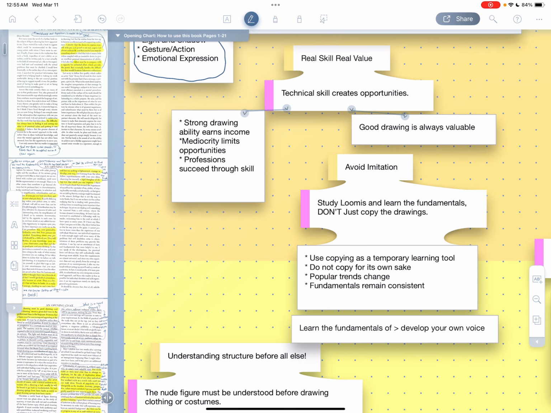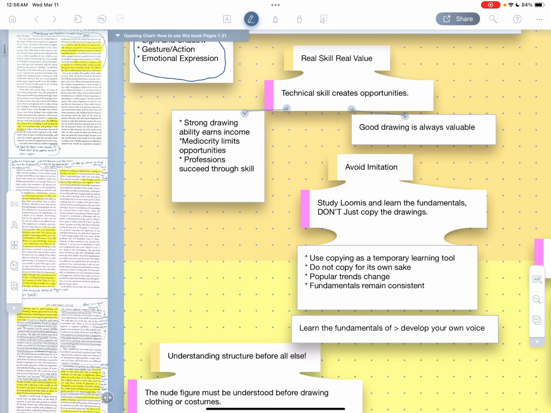All right. Real skill, real value. He goes on to talk about, and remember, this guy's talking in the 1950s or 1940s, I don't know, technical skills creating opportunity. And that's still true to this day, even with AI.